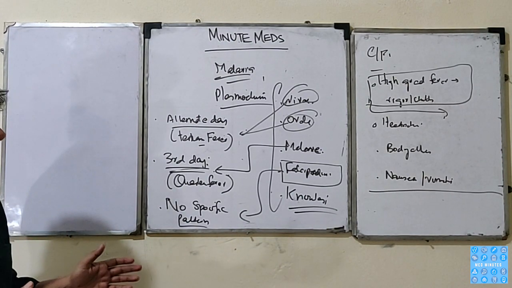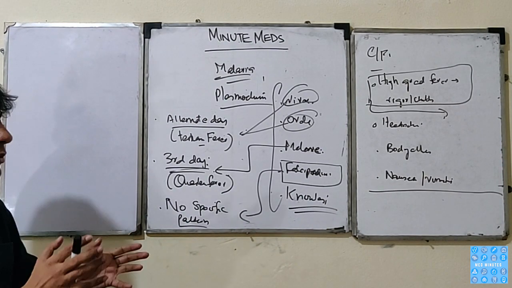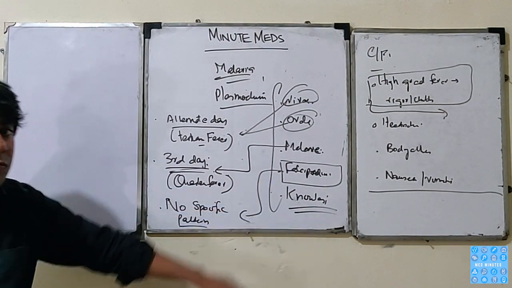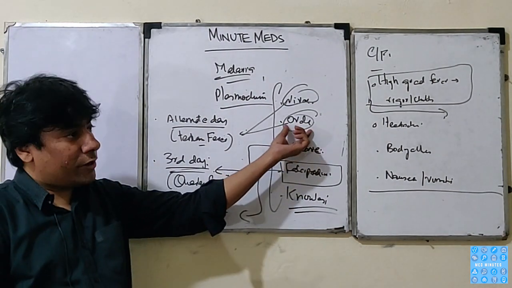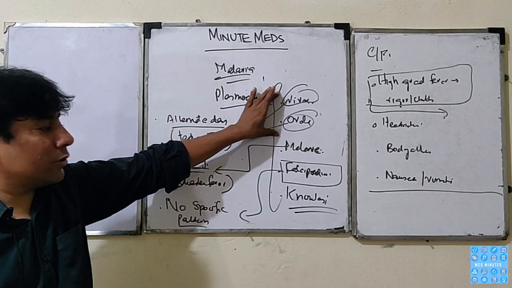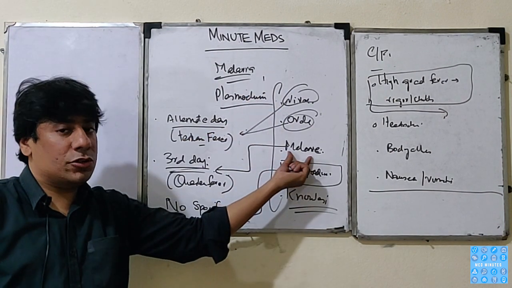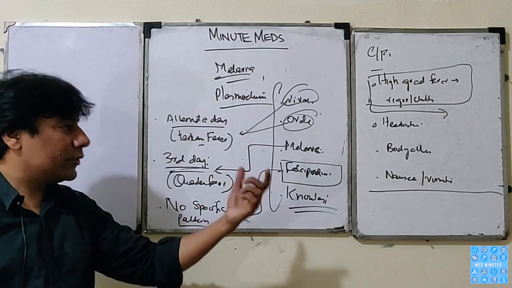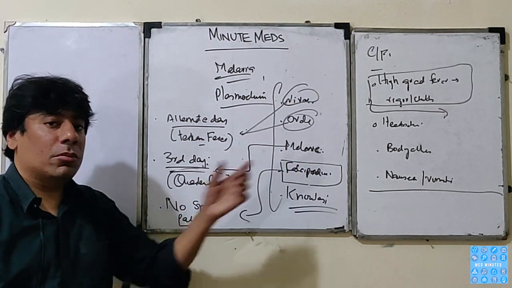All of the stages of the RBCs are involved by this strain. While the Vivax and the ovale, they usually involve the reticulocytes. The malariae usually involve the normoblasts, the adult RBCs, and the falciparum, all of the ones.